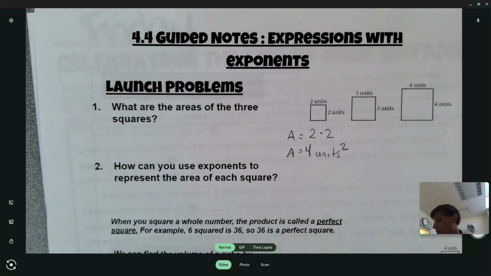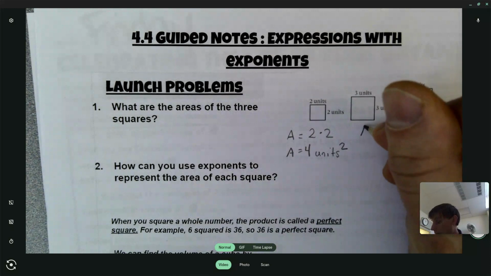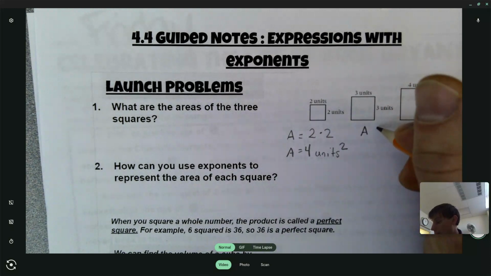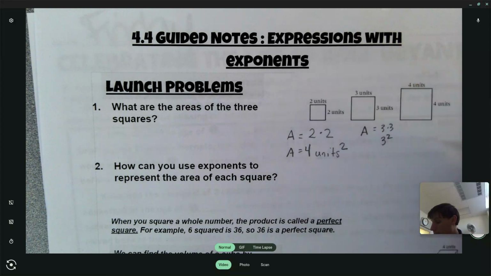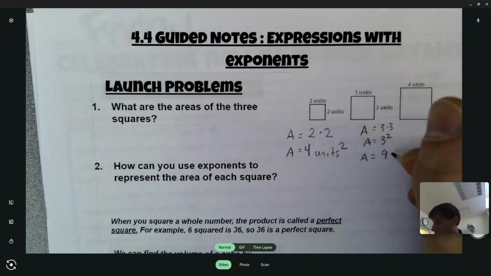So our first one, as we see, we get 4 units squared. All the rest follow the same suit. For the second one, area again, big A, 3 times 3, or in other words, 3 squared. So our area is 9 units squared.